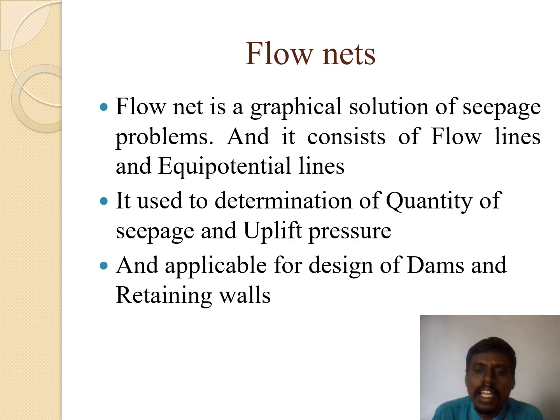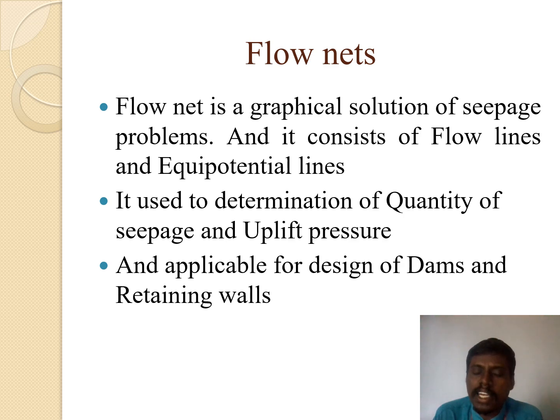The flow net is a graphical representation of two lines, that means equipotential lines and flow lines. It is also used to find the quantity of seepage as well as the uplift pressure, because it is used for the design of dams as well as retaining walls.